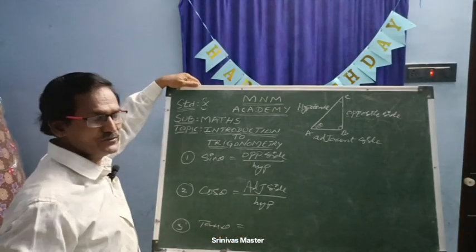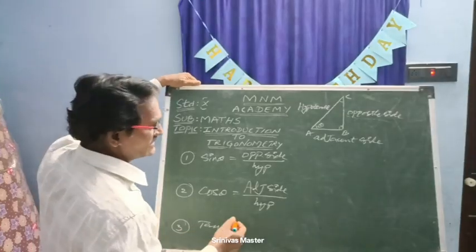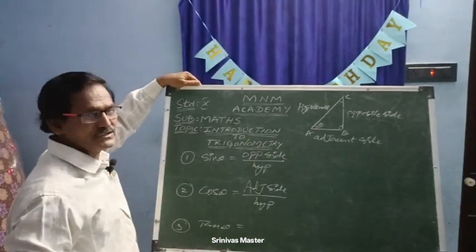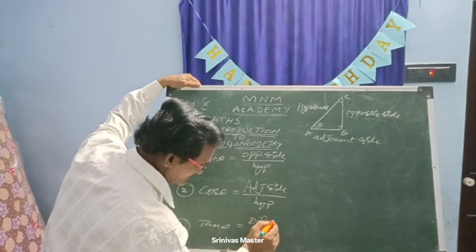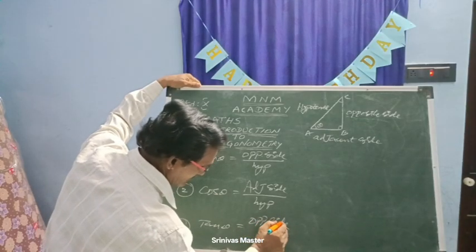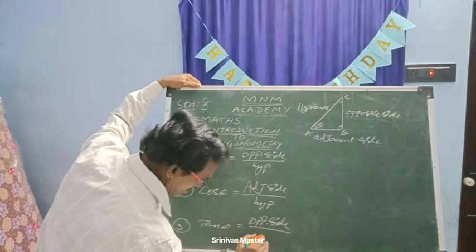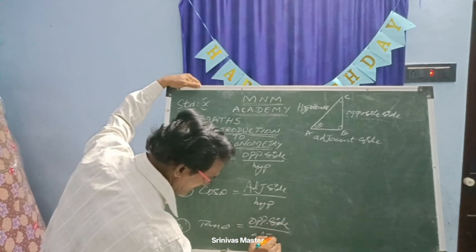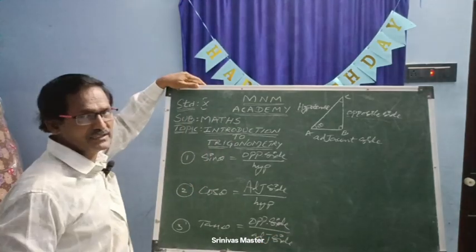Tangent, the short form is tan theta. Tan theta is the ratio of opposite and adjacent, that means opposite side by adjacent side.